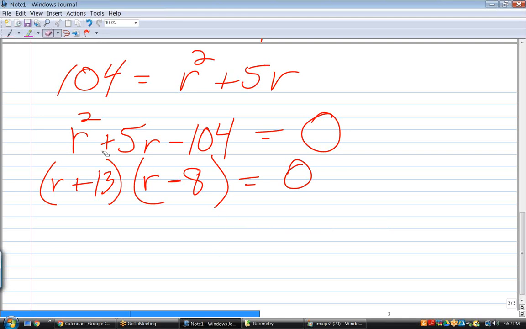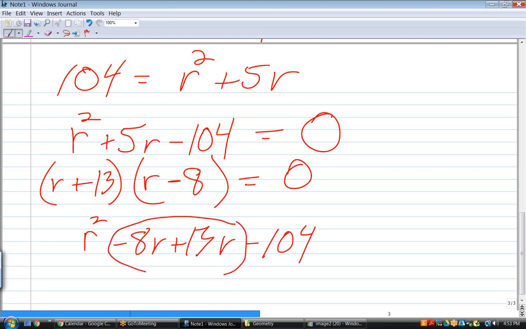It got factored out. Once I factored this quadratic into these two linear factors, notice that if I multiply this thing back together again, if I FOIL it, I get r squared minus 8r plus 13r minus 104. Well, these two combine to plus 5r, which is what we started with.